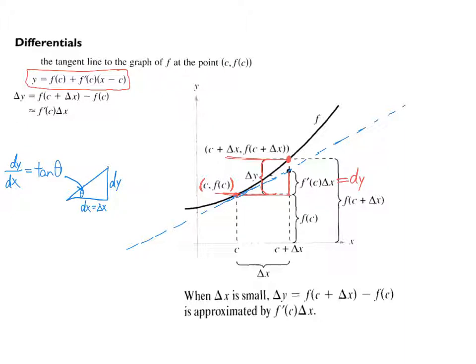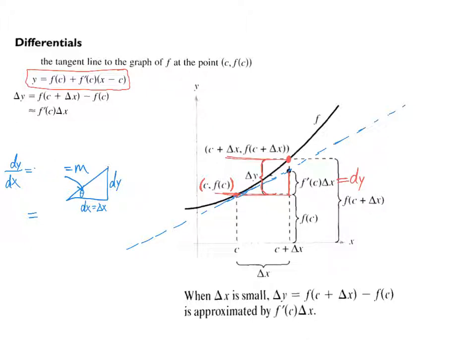Well, what is the slope of that line? It's the derivative at c. That's our slope. Our slope is tangent of theta, but don't worry so much about that. That's why we're making it dy divided by dx.